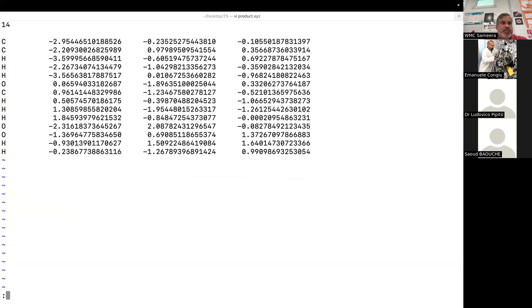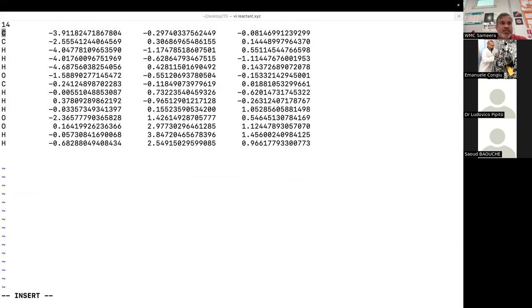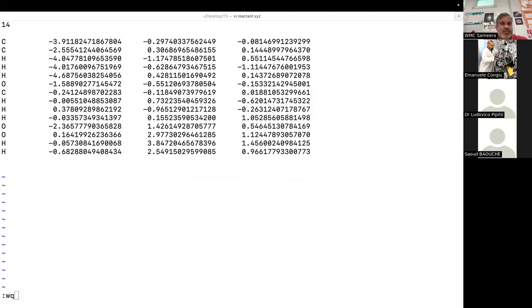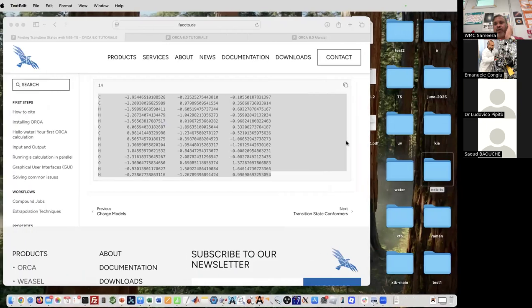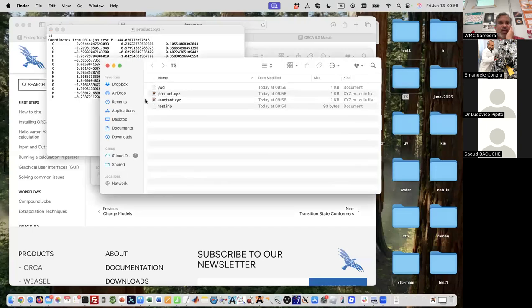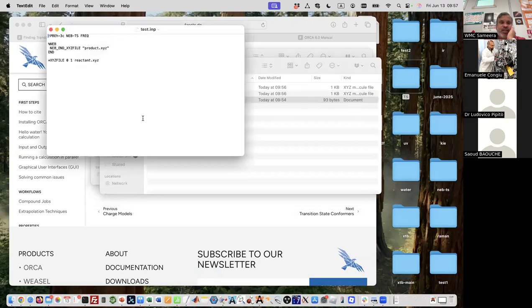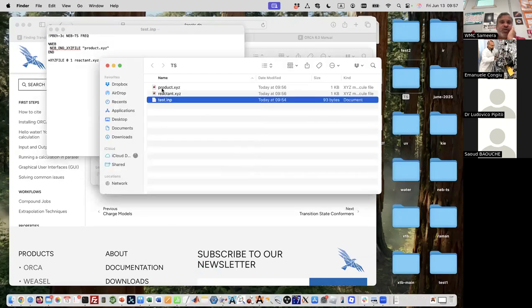So this is our product and this is our reactant. Right, okay, so now here is our input file, and in the same directory we have two extra files.